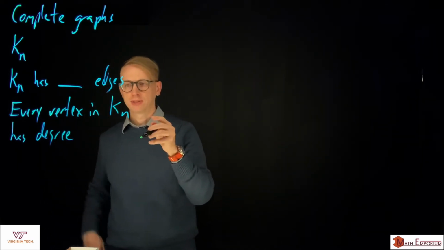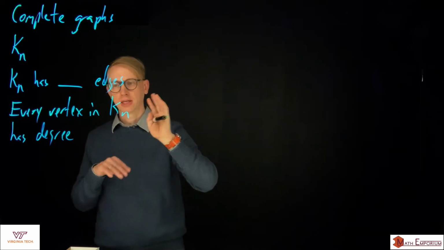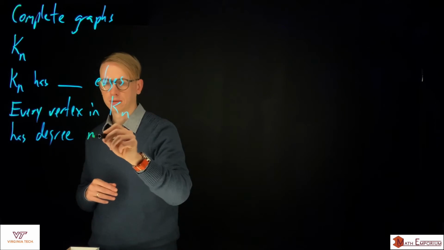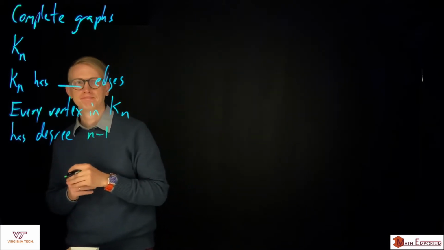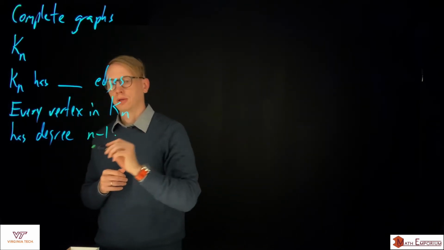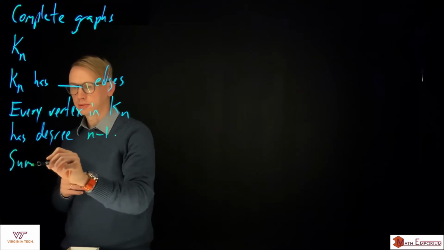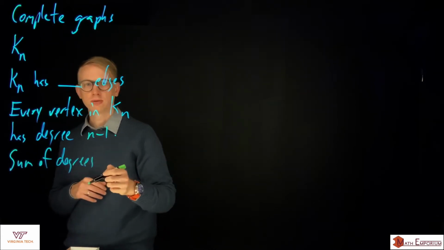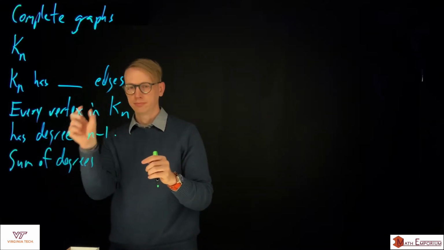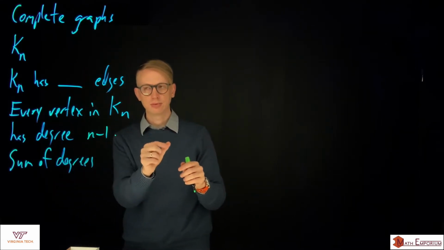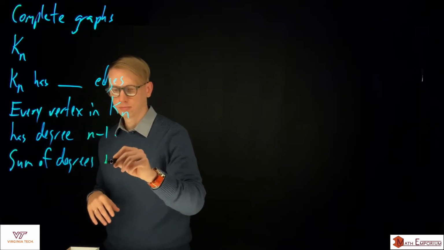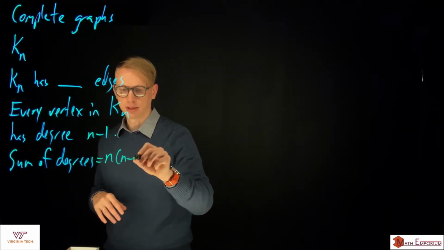Every vertex is connected to every other vertex, and so there are n minus 1 other vertices, so it has degree n minus 1. The sum of degrees: if I add up the degrees of all the vertices, I do n minus 1 plus n minus 1 plus n minus 1, n times, so it's n times n minus 1.